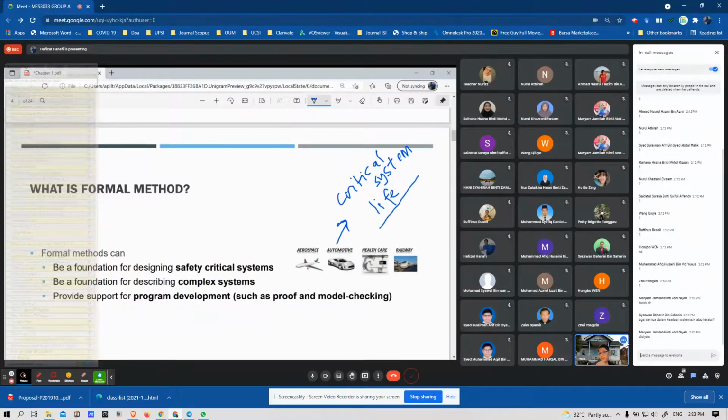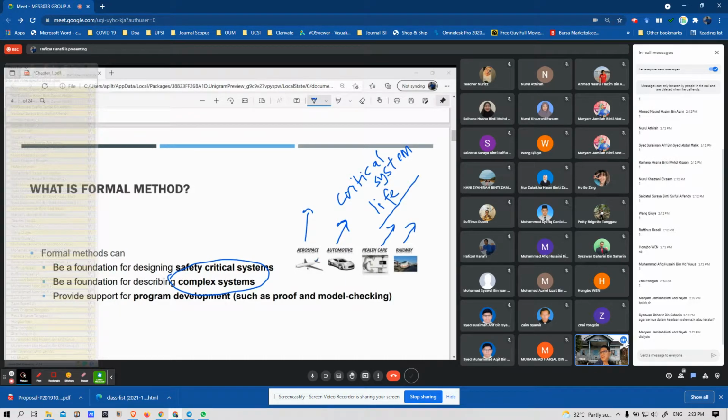Okay, and then also aerospace, and then we have healthcare, and then railways. Secondly, formal methods are for describing a very complex system. For example, we have IBM servers, Facebook servers, and the algorithm for Google.